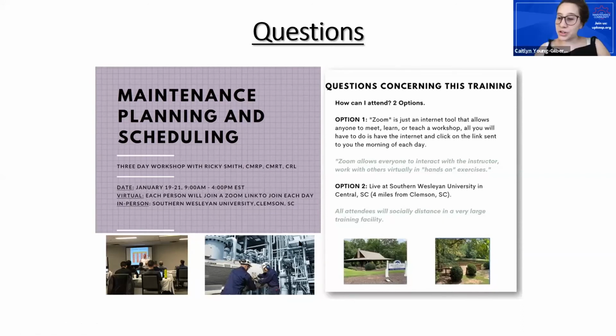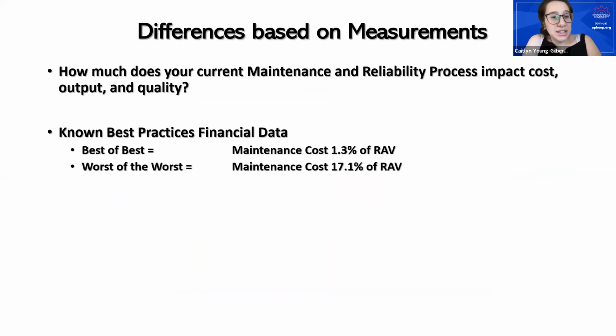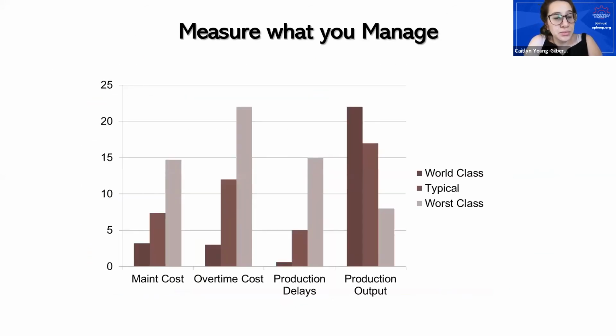All right, we have a question. How do you use a matrix to implement and control leading and lagging indicators for processes so that we are getting good results in a KPI dashboard?